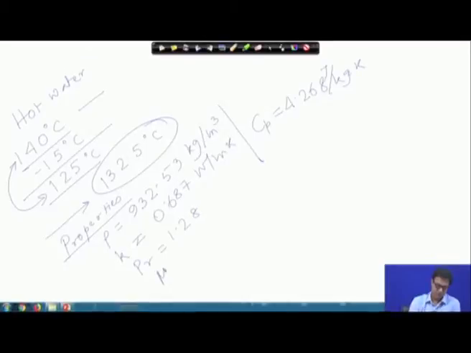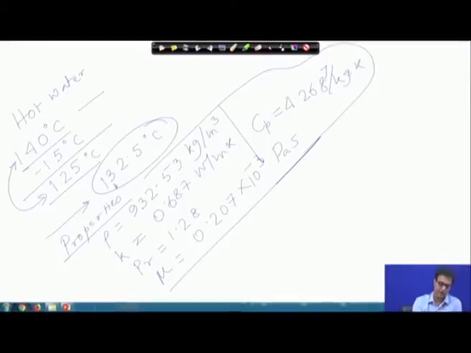Mu is given as 0.207 into 10 to the power of minus 3 Pascal second. These are the properties of water evaluated at an average temperature of 132.5 degrees centigrade.